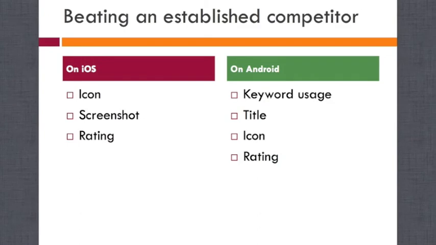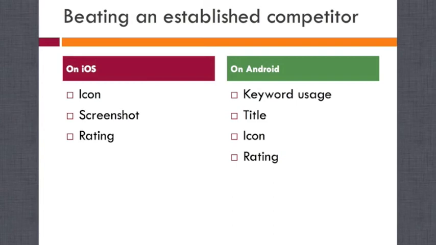Now, if you have an established competitor, an app that already has a pretty distinct advantage, both from brand name and from the fact that they have a bunch of ratings or other things that give them better SEO, or ASO, I recommend the following for each platform, and Android and Amazon are rolled into one.